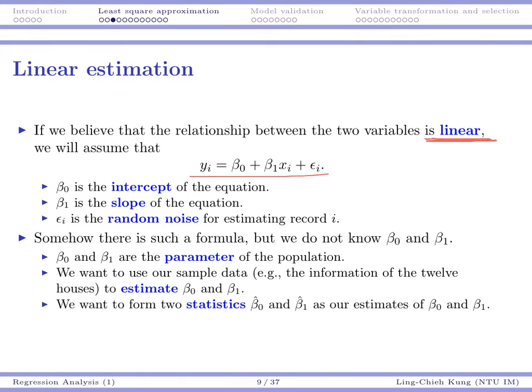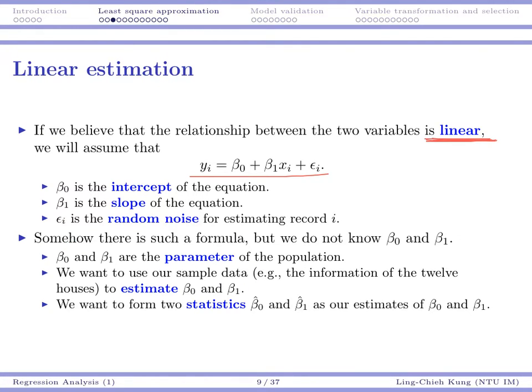That means eventually we're going to get some estimates for beta 0 and beta 1, so that if I get the size xi, I can plug it into this formula. I am going to expect that the price yi equals beta 0 plus beta 1 xi. Of course there would be some mismatch, and that mismatch is captured by epsilon i.